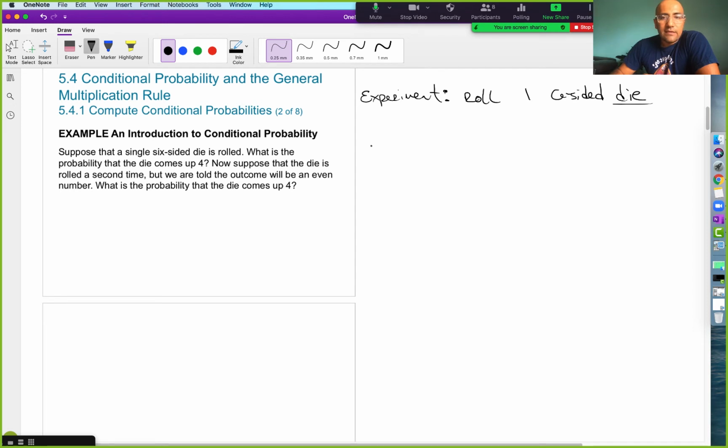And event E is going to be that it comes up 4. The die is a 4. Good? Okay, so we know how to do this. The probability that event E happens is equal to the number of ways event E can happen, divided by the number of values in our sample space.